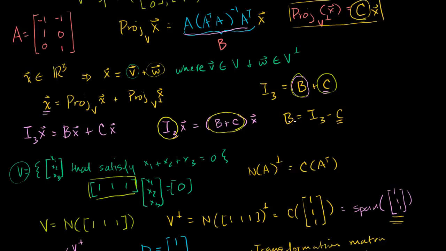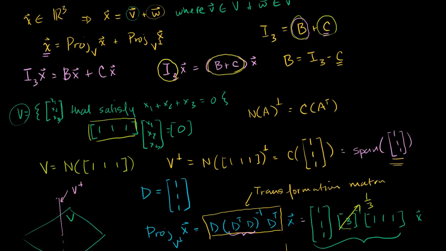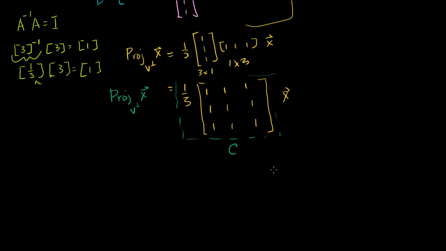Or we could write that the transformation matrix for the projection onto V is equal to the identity matrix minus the transformation matrix for the projection onto V's orthogonal complement. So if we say that the projection onto V of x is equal to B times x, we know that B is equal to the 3 by 3 identity matrix minus C. And this is C right there.